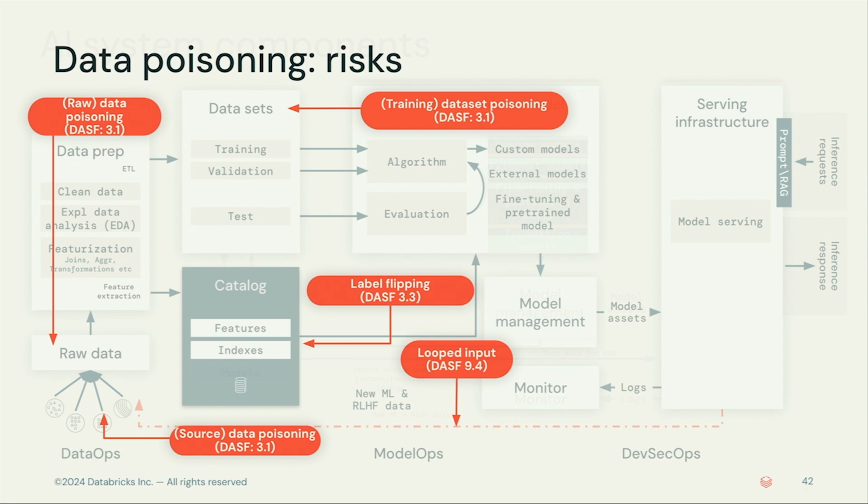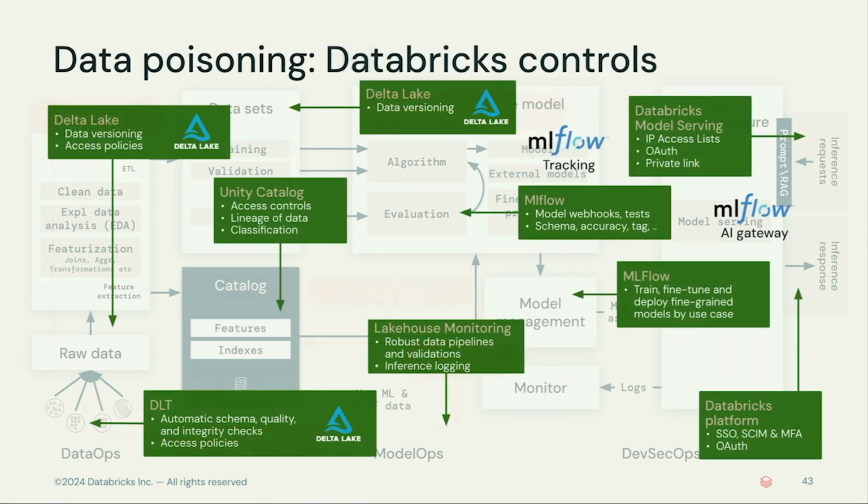So given that, let's look at what the controls look like. You need to protect the data, and the controls would be across the AI system. The approach we take here, as Kelly mentioned earlier as part of our motivation, is to give a comprehensive set of controls with a defense in depth approach, okay? So you start with, who is coming into my platform? Simple things like, have we done single sign-on integration?